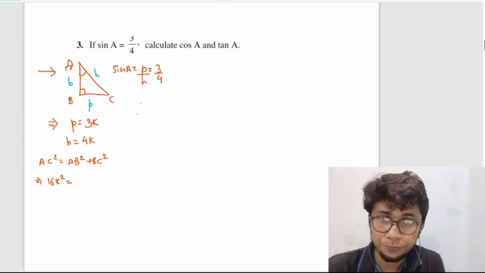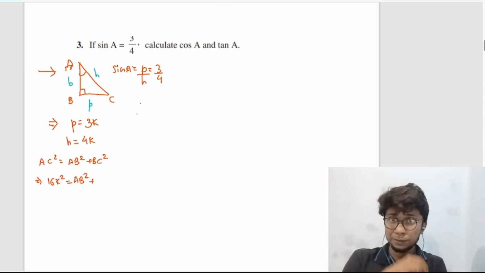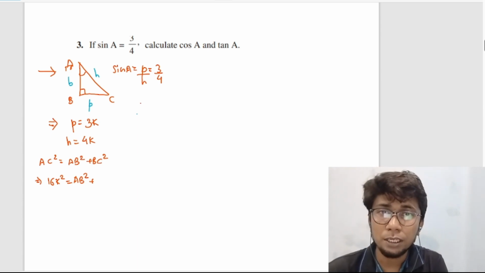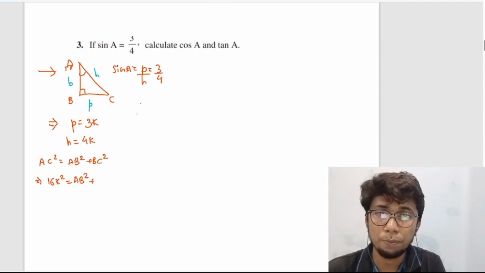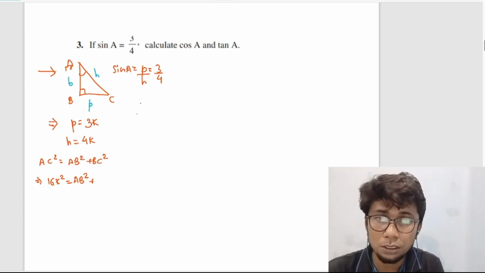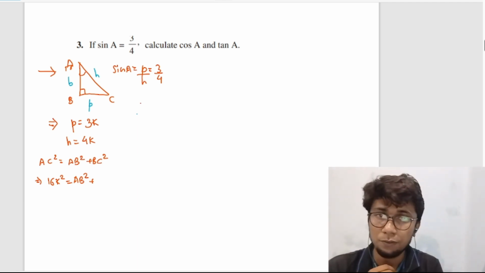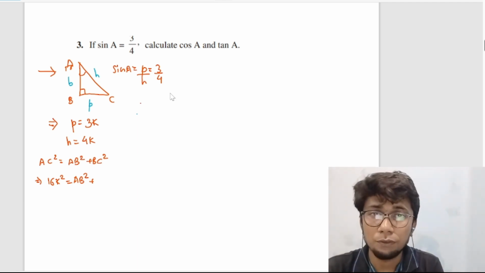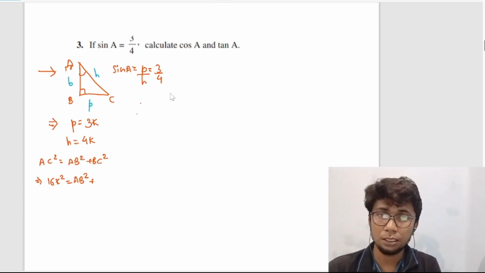16k square is base. Base we have to find. That is AB square, and BC is what? Perpendicular square, that is 3k square. Wait, we have hypotenuse 4k. That is correct. And we have this BC, that is P, that is 3k.